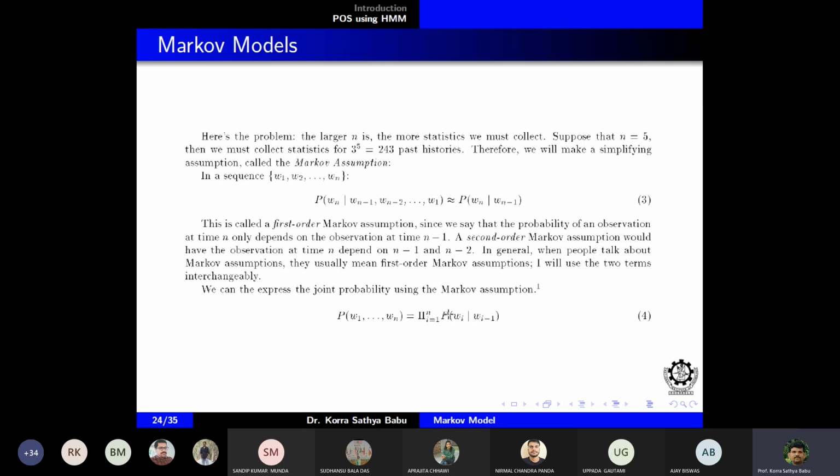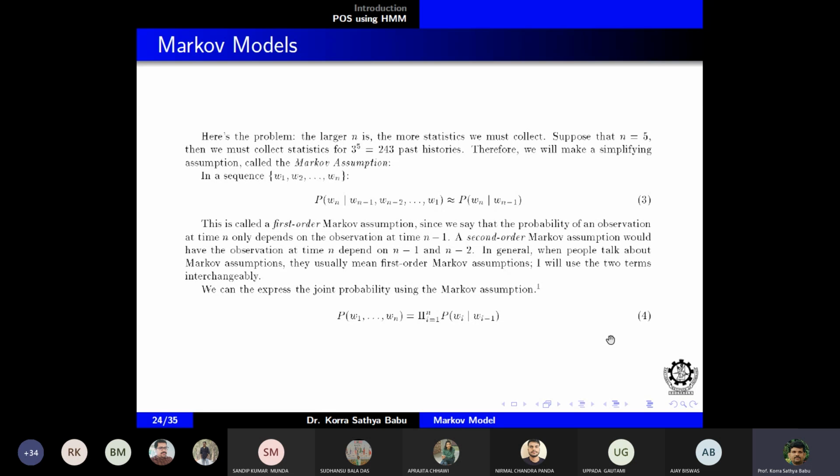So when the order increases, a second order Markov assumption would have the observation at time n depend on n minus 1 and n minus 2. That is for trigrams. In general, when people talk about Markov assumptions, they usually talk about first order Markov assumptions, that is nothing but the bigram models.